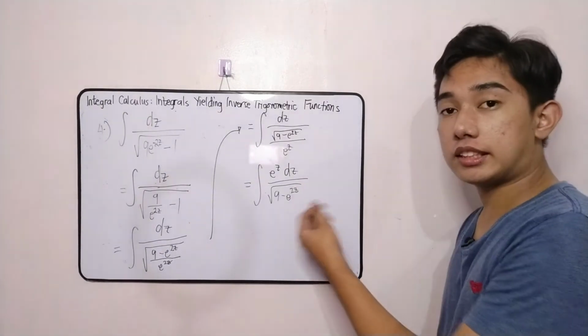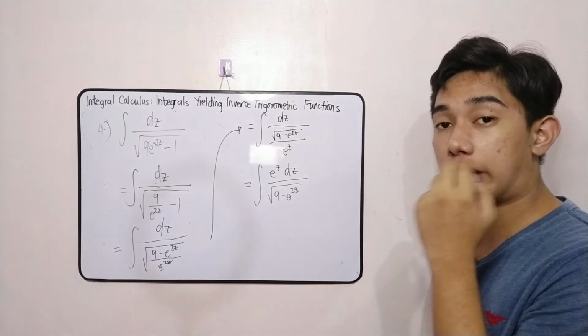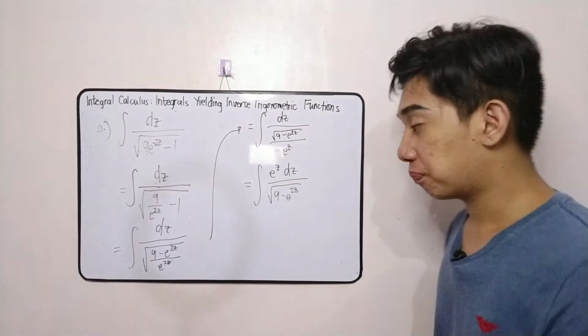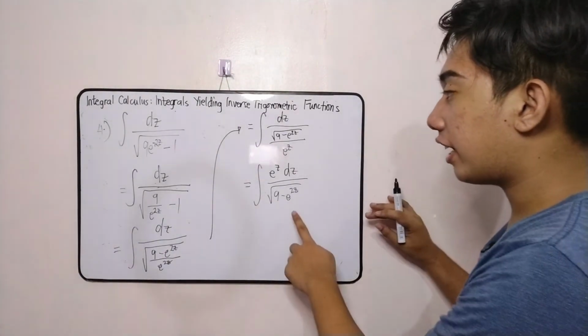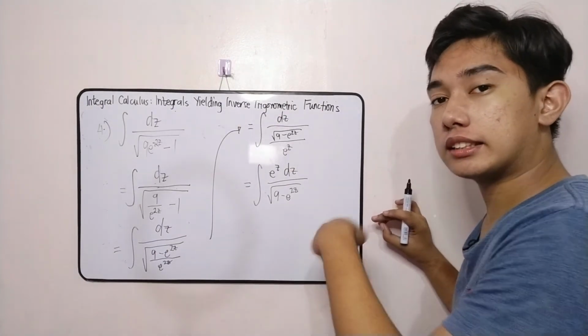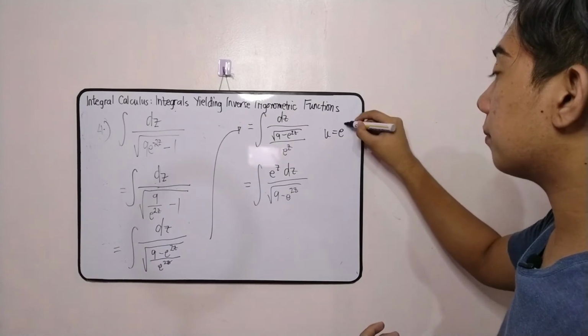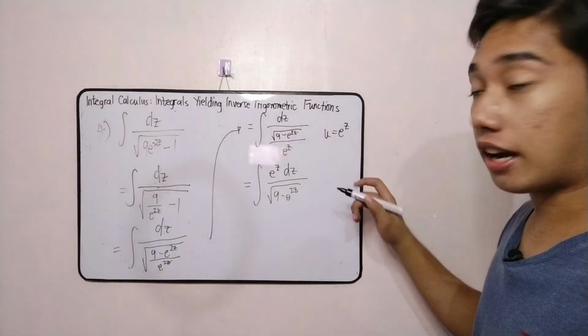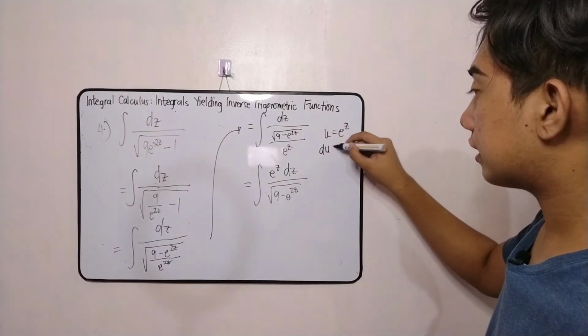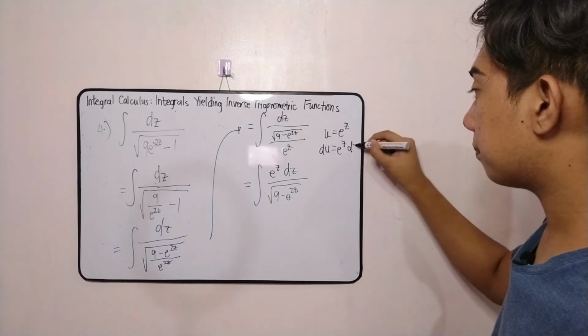Then, it is easy na para ma-determine natin kung ano yung a and u. So, for this case, our u here is e raised to z. Its differential is e raised to z dz.